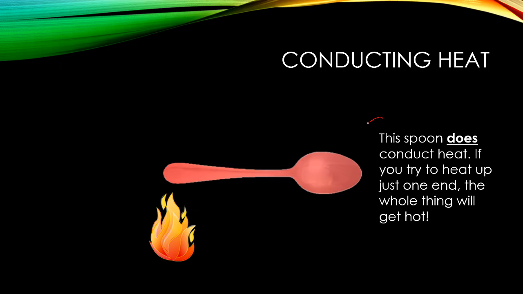And if I tried to take my finger and touch this end of the spoon, it would burn me. It'd be really hot because the heat traveled from this end over to this end. And that is because this spoon does conduct heat. If you try to heat up just one end, the whole thing will get hot. That's because it's made of metal, and metal is conductive for heat.